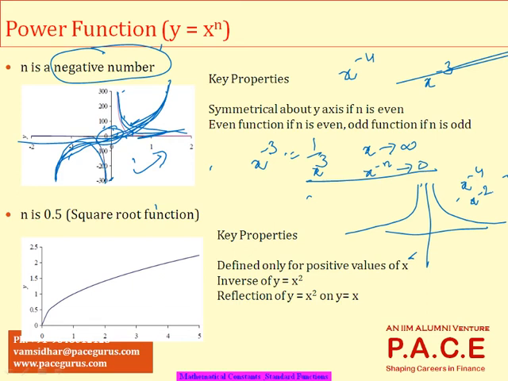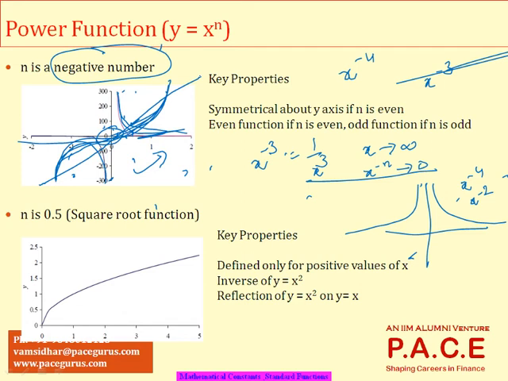Whereas for odd negative integers, it will be symmetrical across the diagonal but not across the y-axis.